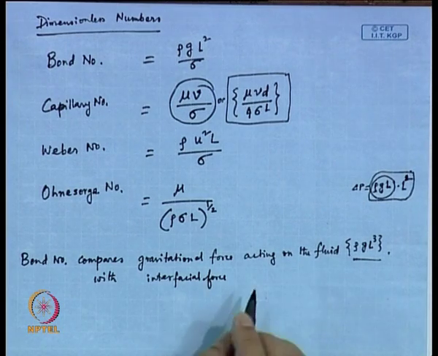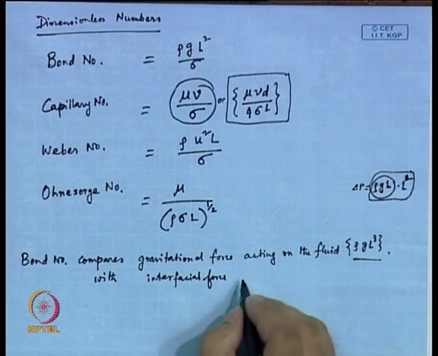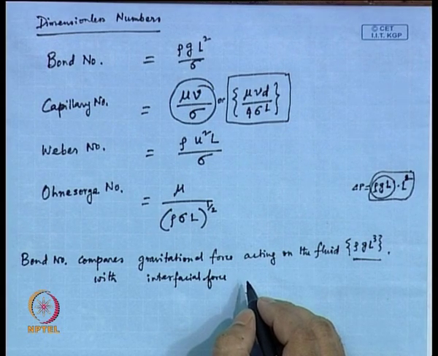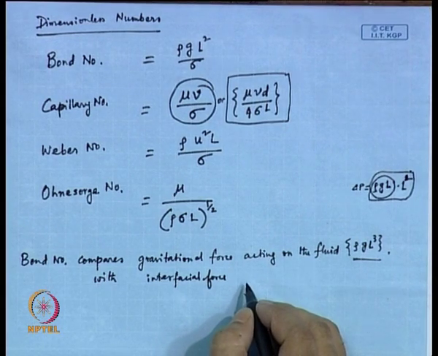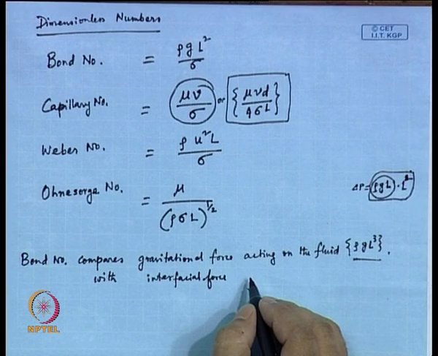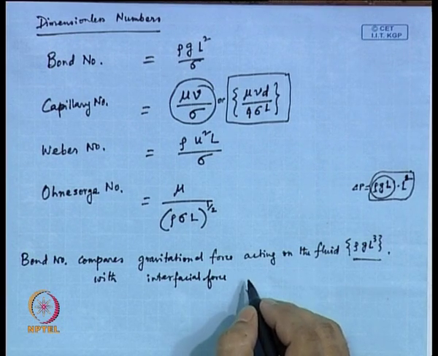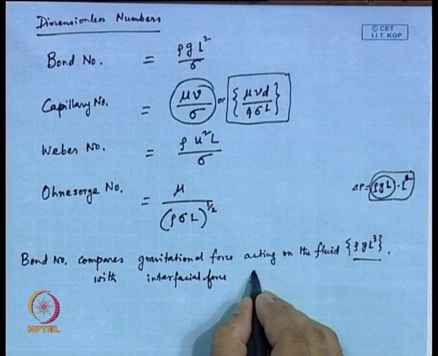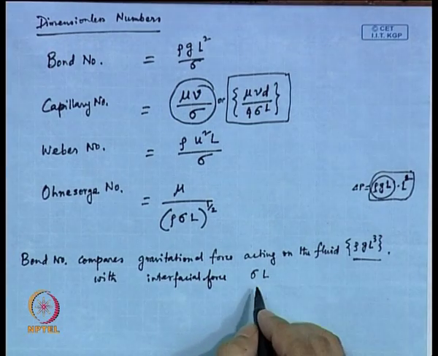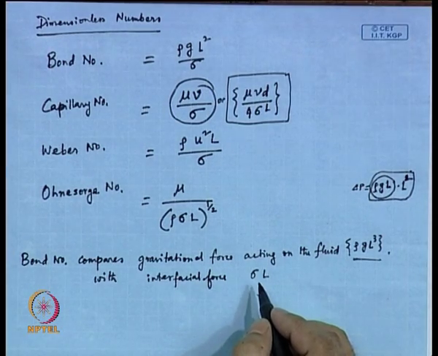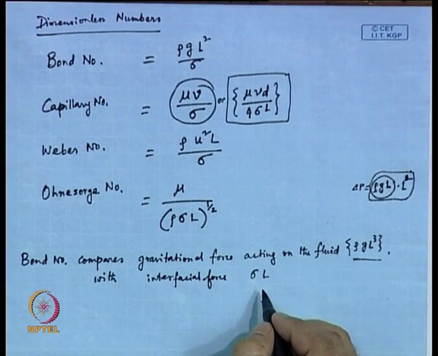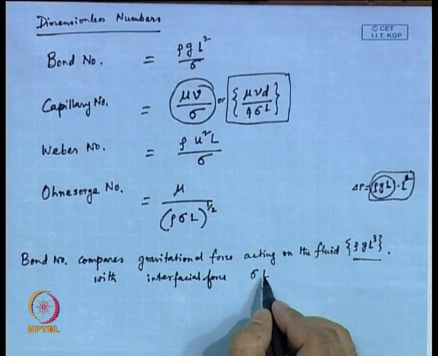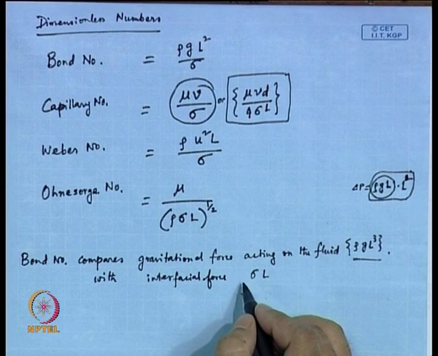Whereas, in the interfacial force, what do we have? How is interfacial force written? It is written as sigma into L, right. You all know the unit of surface tension is Newton per meter, and that has to be multiplied by the meter. So, you get a Newton.